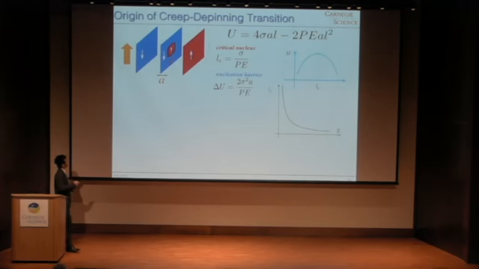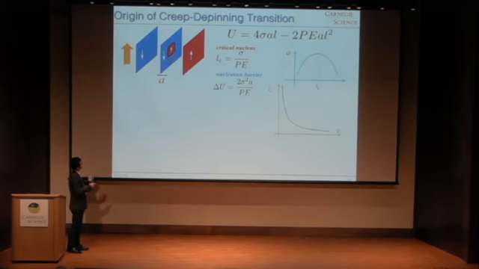Okay, with this modified nucleation model, we can now explain the original creep dependence. Now we only have 2 energy terms, domain energy and the polarization-electric field energy coupling.